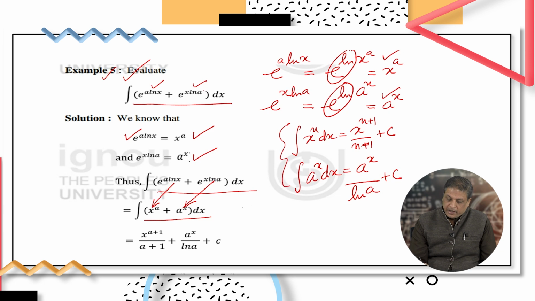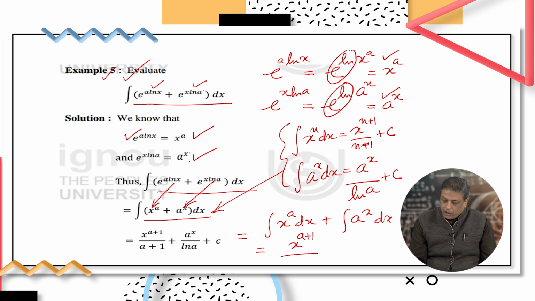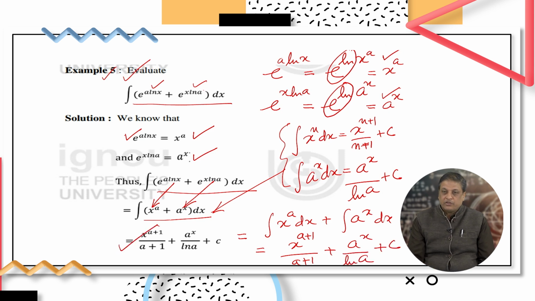Applying these two identities, you will get integral of x^a dx plus integral of a^x dx, and this will turn out to be x^(a+1) upon a+1 plus a^x upon natural logarithm of a plus constant of integration, which is this value.